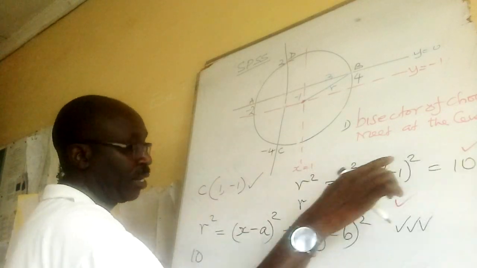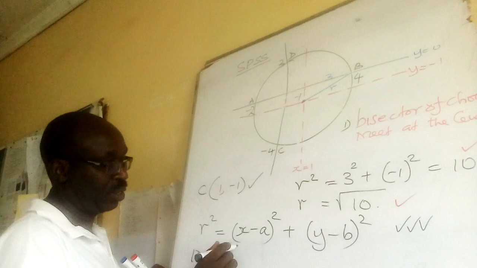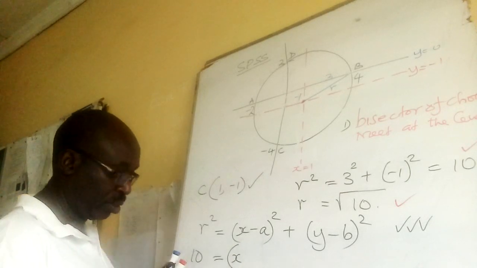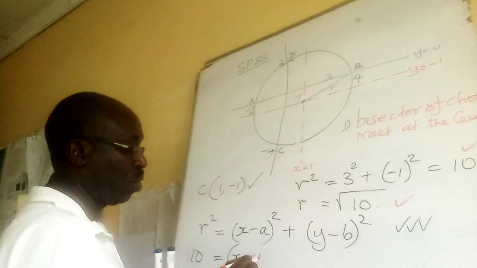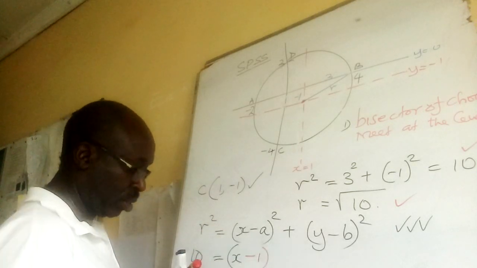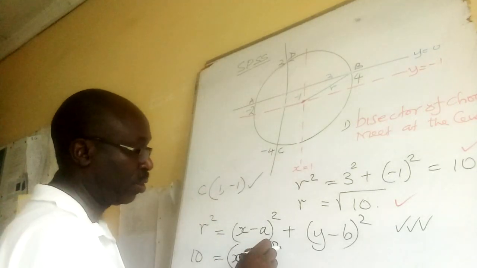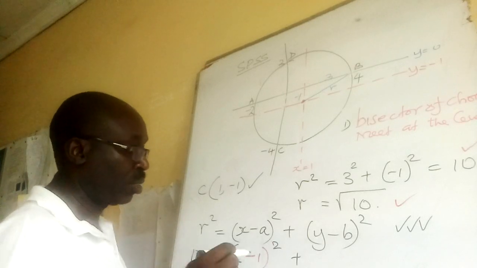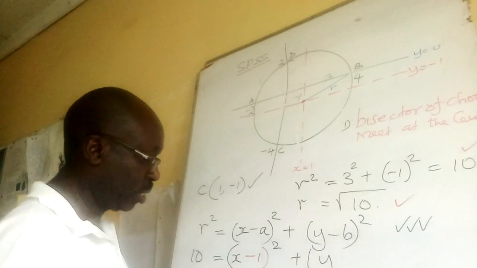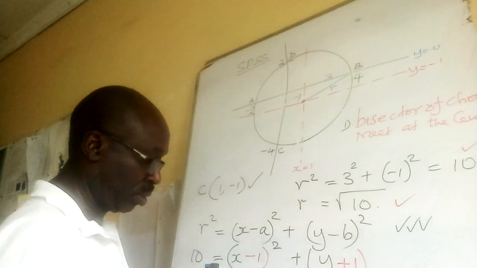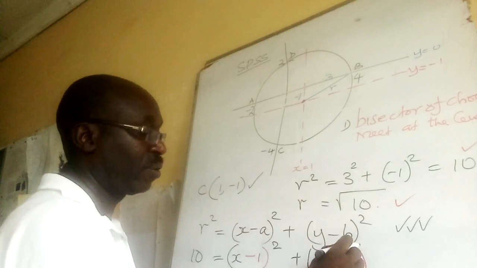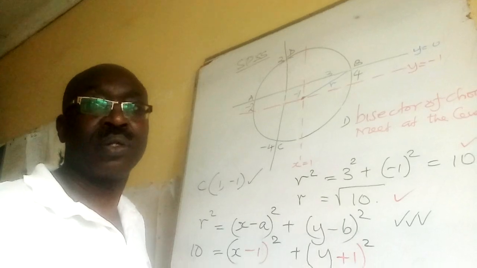Then x. I put minus 1, square, plus y in bracket plus 1, square.